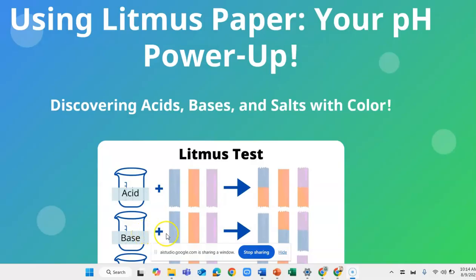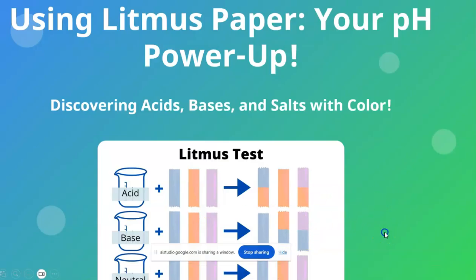For the base, a blue litmus paper, dip in the base, will stay blue. A red litmus paper, dip in the base, it will turn blue. And a purple litmus paper, dip in a base, it will turn blue.